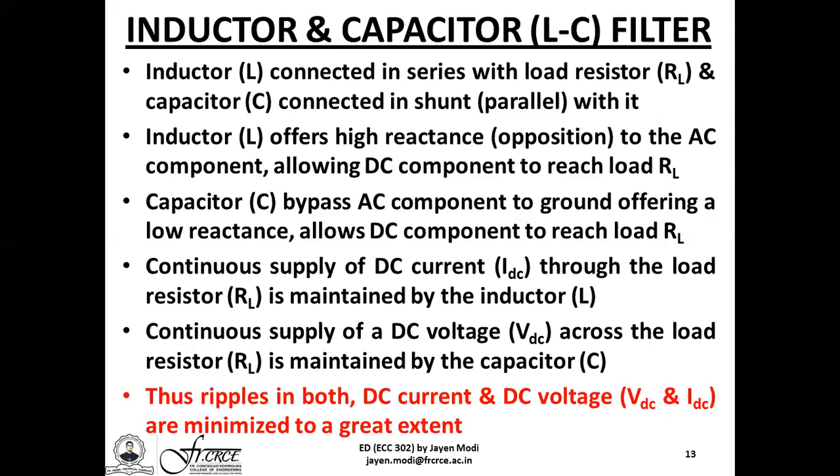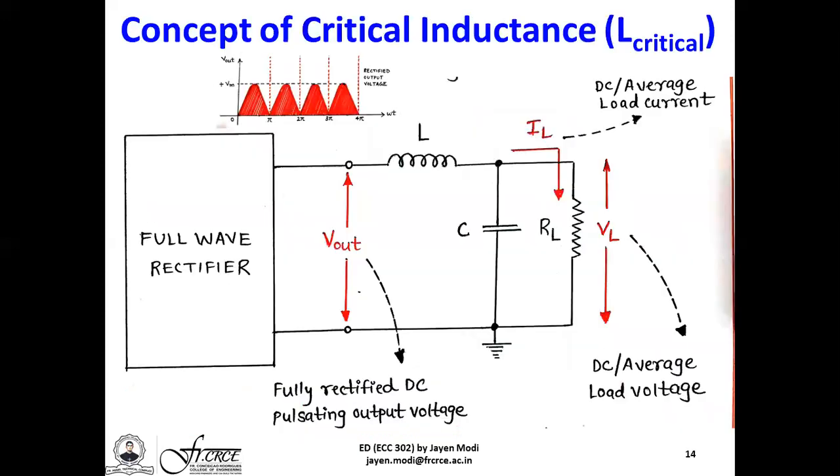One thing which we have to keep in mind once we actually implement the circuit of a typical LC filter is that we need to be aware of a concept which we call critical inductance. Now, looking at L and then looking at C, the capacitor circuit, as we have seen earlier, the current through it will be in the form of spikes, because whenever the capacitor charges, it will draw a very heavy current through the PN junction diodes.